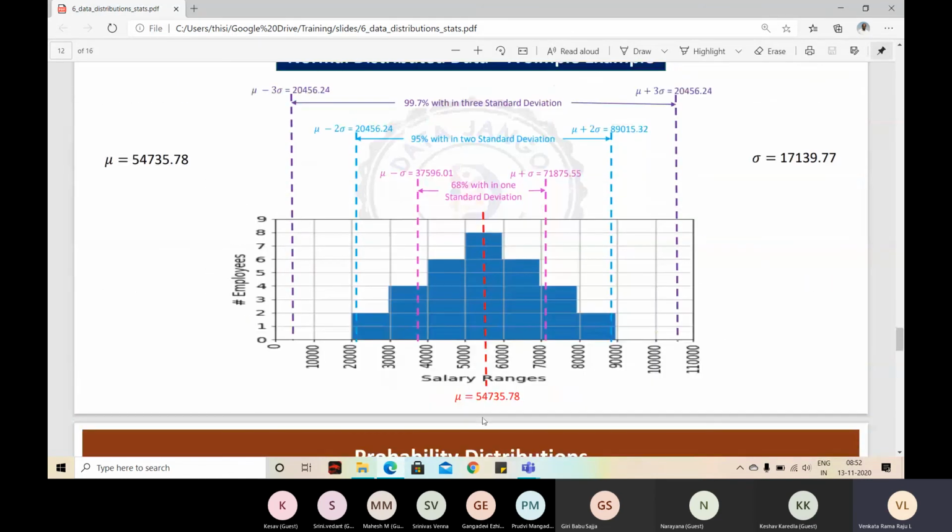Now I calculated the mean, which is 54,735.78, and I calculated the standard deviation. What is standard deviation? On average, if you pick a data point, how far it is from the mean. That is the point you need to remember.